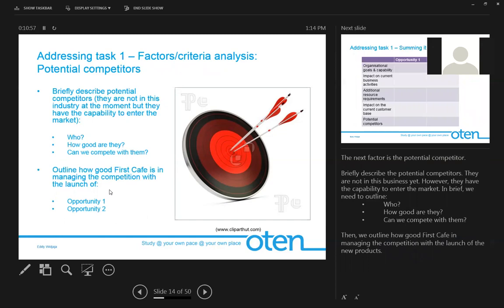Now, the next one is about the potential competitors. Here we're talking briefly about the potential competitors, who they are, and you can model the cafe that you're familiar with.